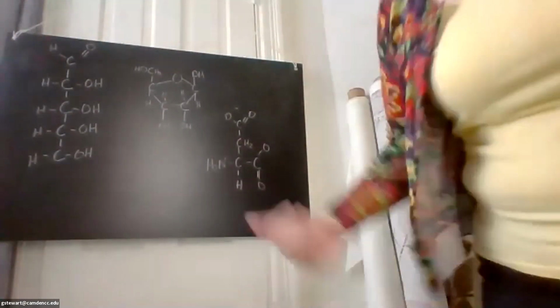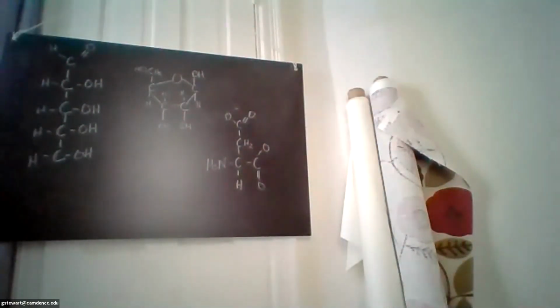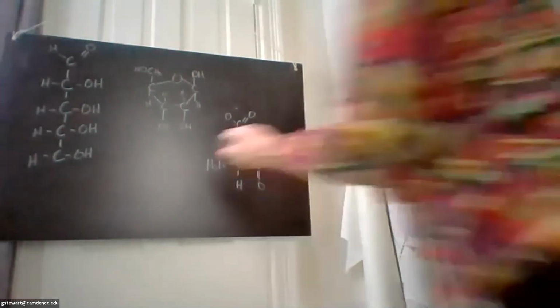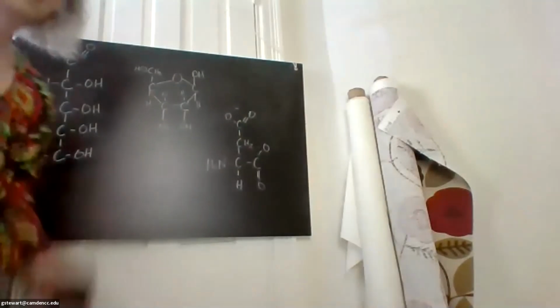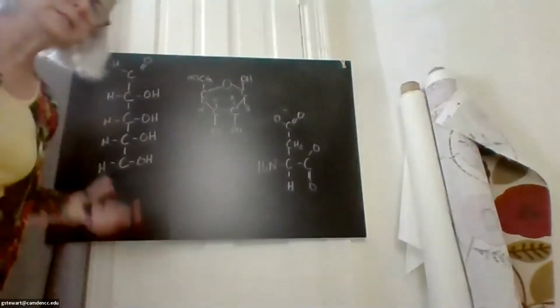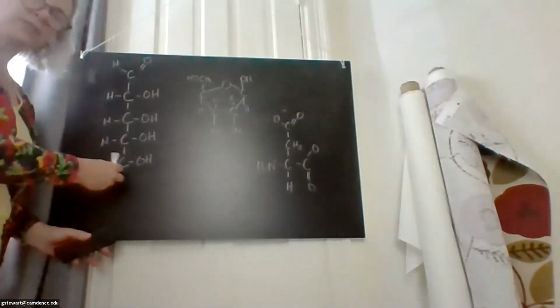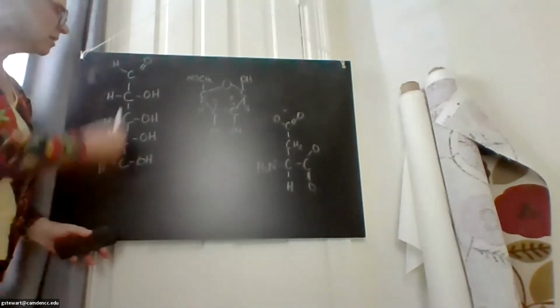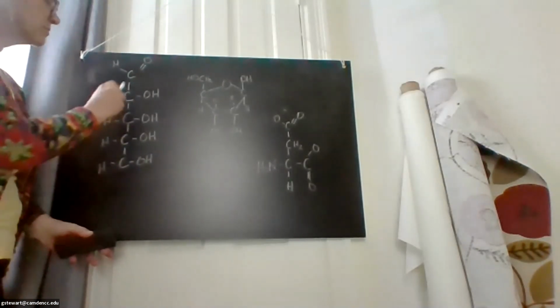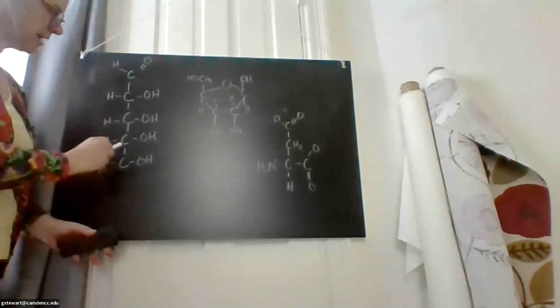Right? So this picture here is the linear form of ribose, a 5-carbon sugar, and see how all the carbons are written out.